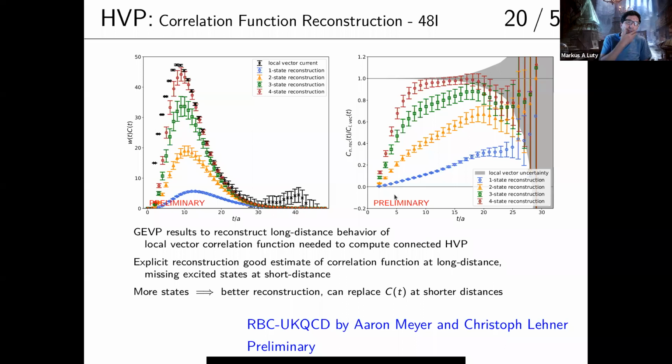So maybe this quantity that you're plotting here is already dominated at t equals 10, right? But t equals 10 is what in physical units? Is that already pretty long distance compared to, I don't know, a GeV or something? That's about 1.2 Fermi or so.